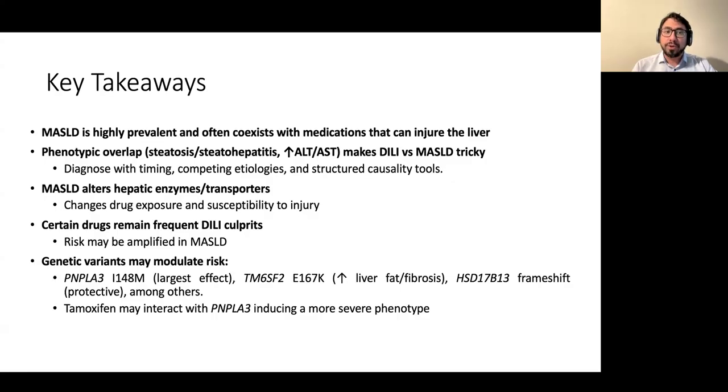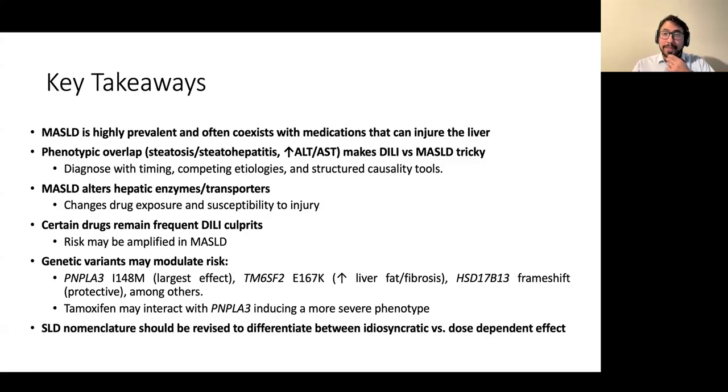I think it shows that we need to do more precision medicine, and specifically in medications like tamoxifen, the genetic testing for PNPLA3 can be very helpful to estimate the risk of liver injury over time.